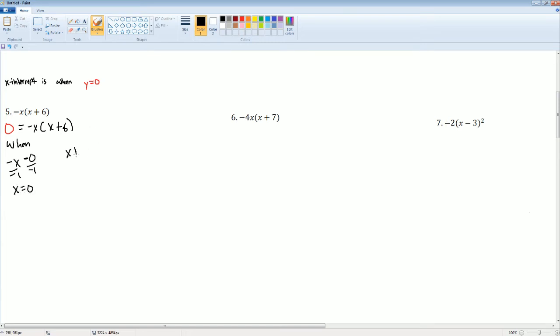So x plus 6 is equal to 0. So minus 6, minus 6, x is equal to negative 6. Right? So the intercepts are at x equals 0 and x equals negative 6. So the points are 0, comma 0 and negative 6, comma 0.